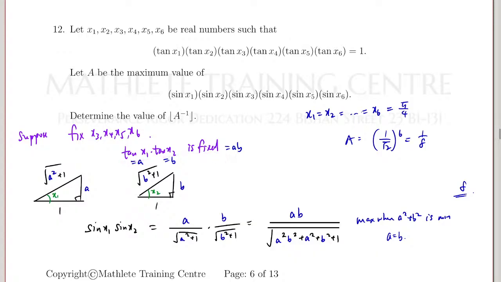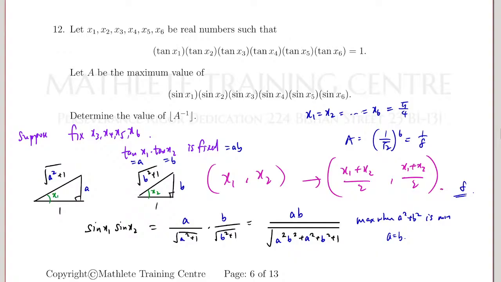And so now we understand that it's better to replace x1 and x2 with x1 plus x2 over 2 and x1 plus x2 over 2. As a result, the value of the expression will increase. So by doing this, eventually you can see that the maximum value will occur when all the x1, x2, and so on are the same.